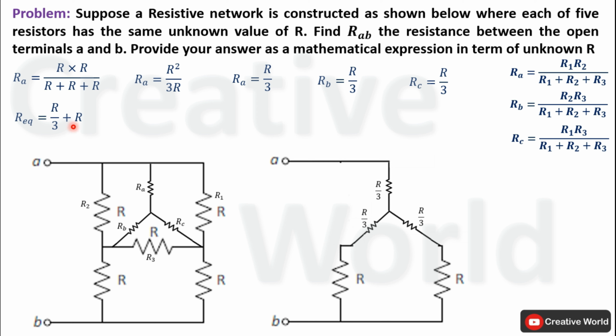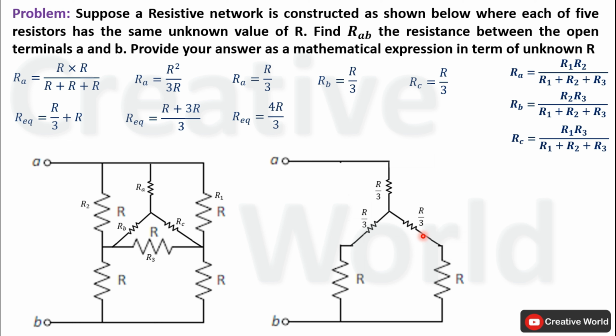R divided by 3 plus R will be equal to R equivalent of this branch. Take the sum of R divided by 3 and R, it will become R plus 3R divided by 3, and add 3R and R, it will become 4R divided by 3. Now the value of equivalent resistance of this branch will also be same because it also has R divided by 3 and R connected in series connection.